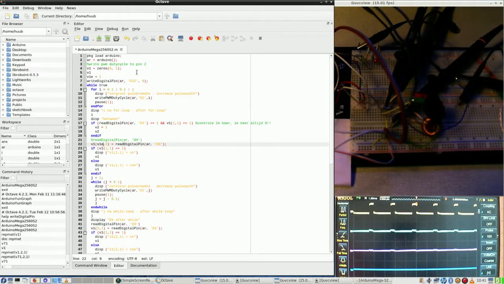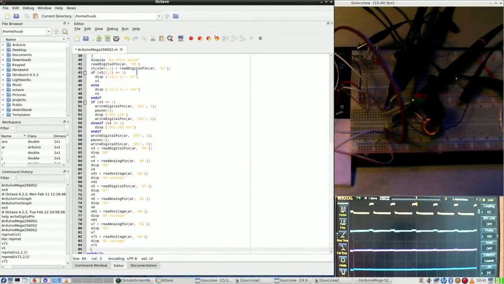V1E, V1E plus 1, something like that. And then this would be something like V1E plus is 2. Would this work out? I have no idea.